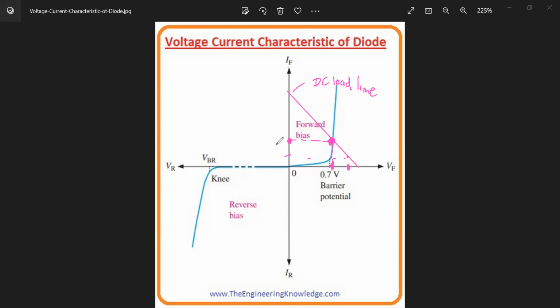In that circuit, the diode is considered like a resistor in the DC load line curve. If there is 1.3 volts over that resistor, the diode is going to have 0.7. If the other resistor is going to have 1.2 volts, the diode will have, let's say, 0.8 volts.